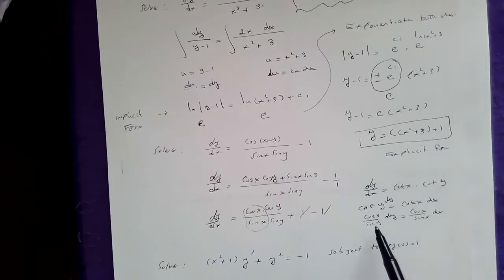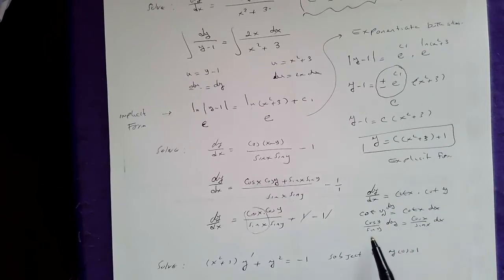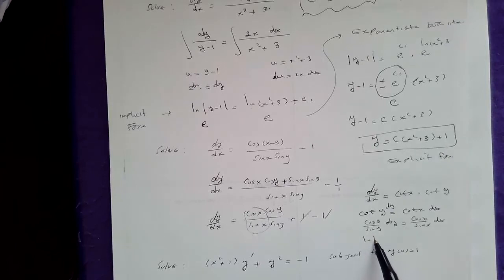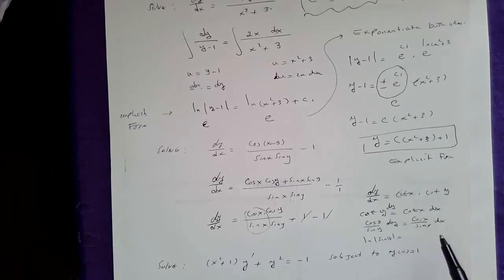So if you let each of these denominators be u, du is on top. Notice if u is sine of y, du is cosine of y dy. So this guy is natural log of absolute value of sine of y, and this guy is natural log of absolute value of sine of x.